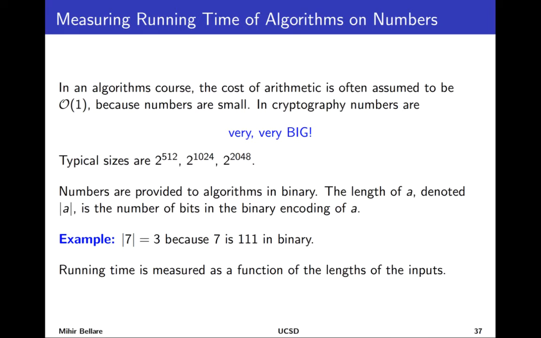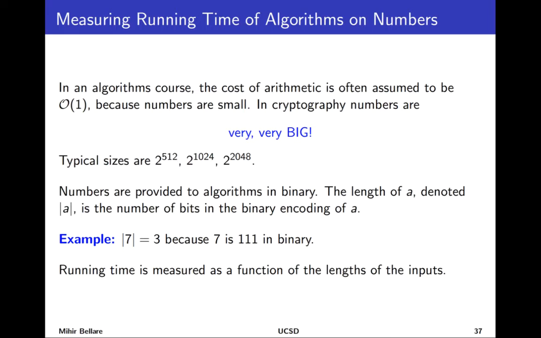So we want to talk about algorithms on numbers. And for algorithms to be implemented in our encryption software, they better be relatively efficient. So we are now going to think about what that means.